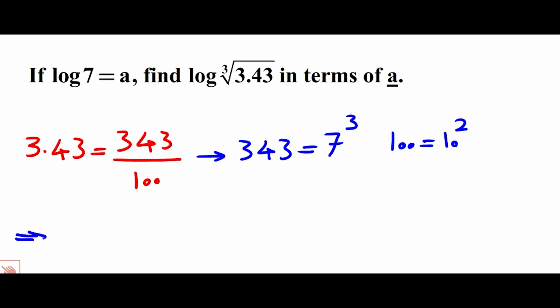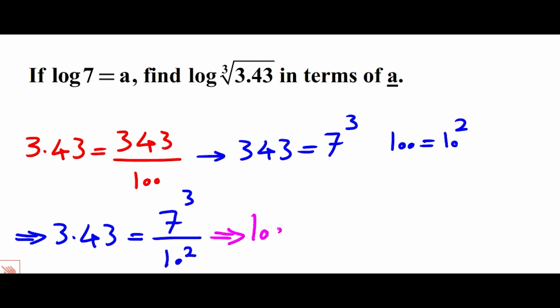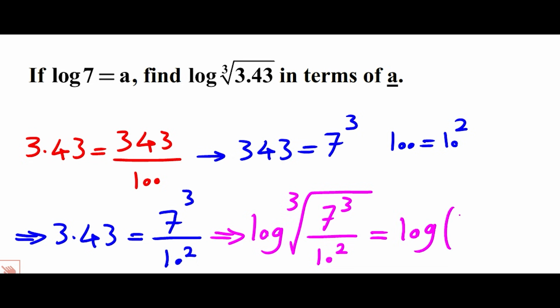So 3.43 equals 7 cubed over 10 squared. So this expression becomes log of the cube root of 7 cubed over 10 squared, or log of 7 cubed over 10 squared to the power of 1 over 3.